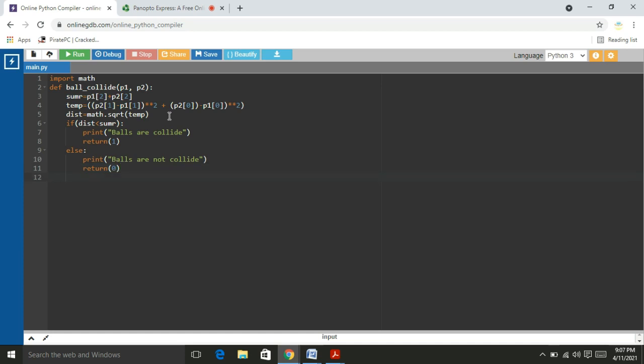Now I come to the main block. From here onwards actually the Python programming is starting.